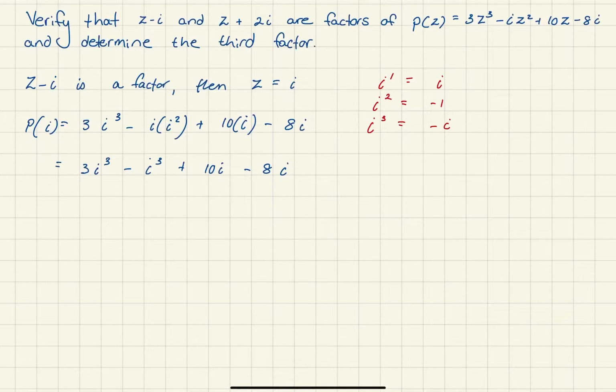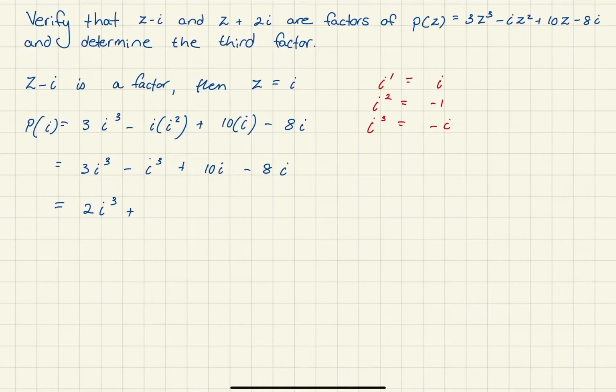So let's think about what we can do here. We can see from this part here that these i cubes are not going to cancel each other out. Let me simplify as much as I can though. So 3i cubed minus 1i cubed equals 2i cubed plus 10i minus 8i.